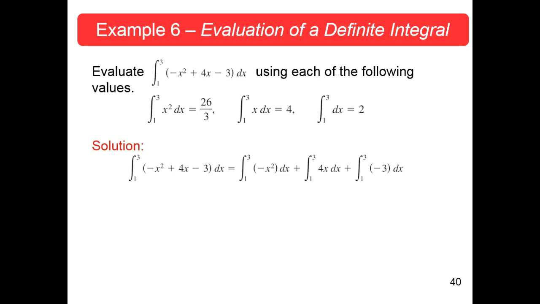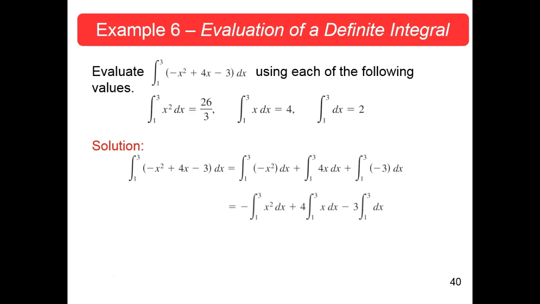And what we're going to do here is pull out the minus sign, which is going to make that minus the integral of x squared dx from 1 to 3. Pull out the 4, so it's plus 4 times the integral from 1 to 3 of x dx. Pull out the minus 3 and do the integral from 1 to 3 of dx.